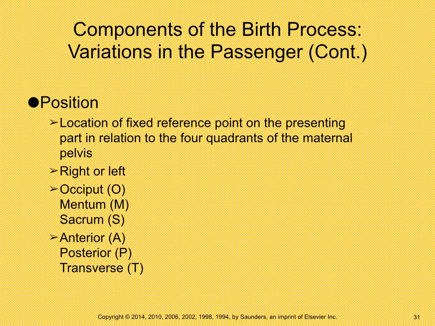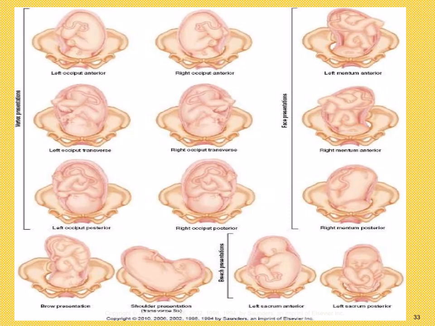Is it tilted to the right? Is it posterior, meaning closer to mom's sacrum, or is it anterior, closer to the top part of the pelvis itself? These are important terms used to describe the position of the baby when we're assessing their journey through the pelvis. In slide 33, we can see examples of what the fetus looks like as it's coming through the pelvis in relation to how they describe it using those terms.